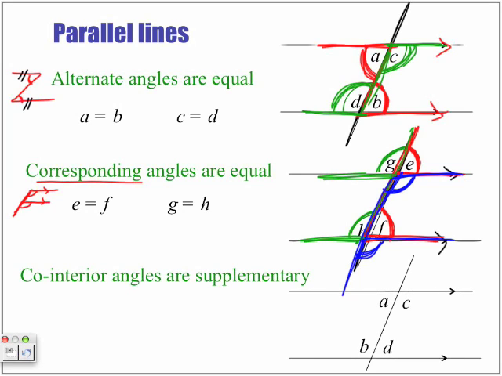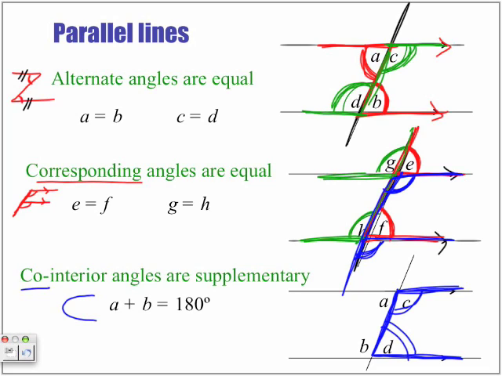But that brings us to the next point, co-interior angles being supplementary. One way to remember the co-interior angles is we're looking for something almost like a C shape, but not a direct C, a really boxy version of the letter C, which means if we were to take this angle and add it to this angle, we would get a total of 180 degrees.